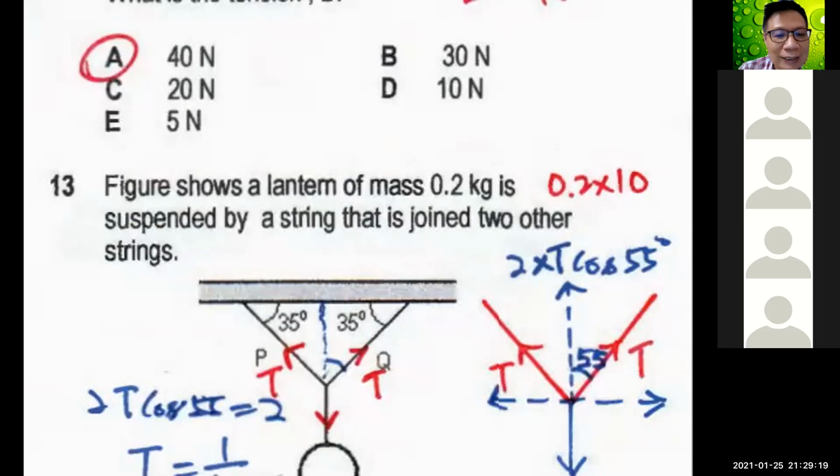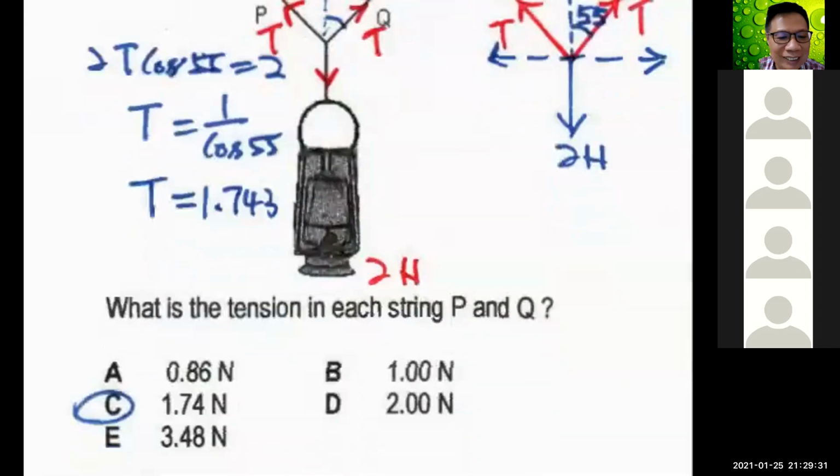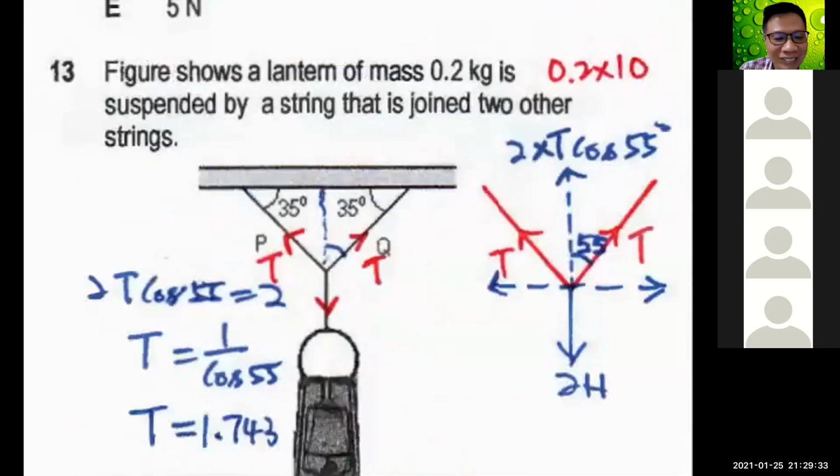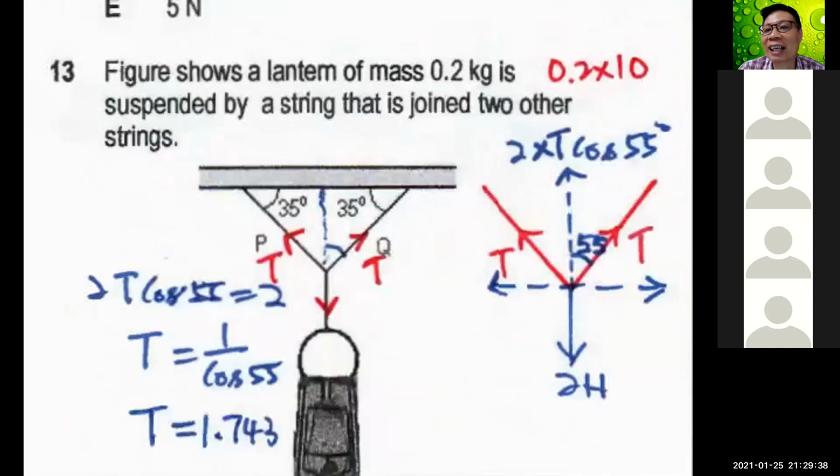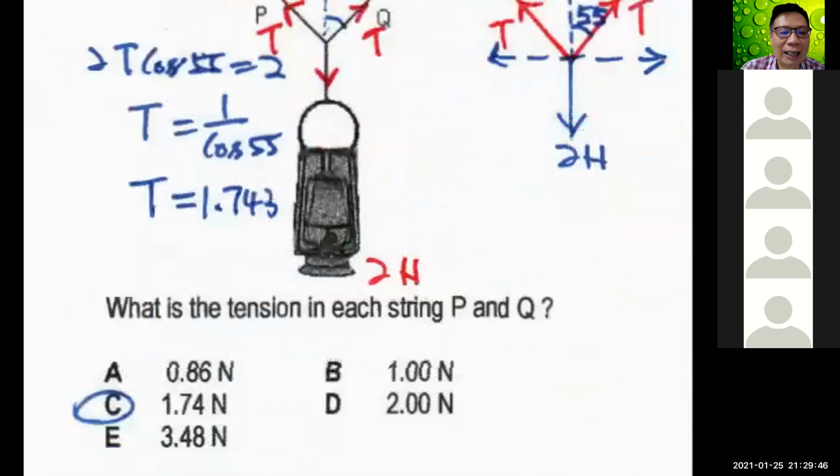Who is answering? Ken Leong. Okay, let's see. The answer is C. Someone gave the answer here. Let's see, Justin is correct. Justin said answer C. Okay, now see how to get answer C.